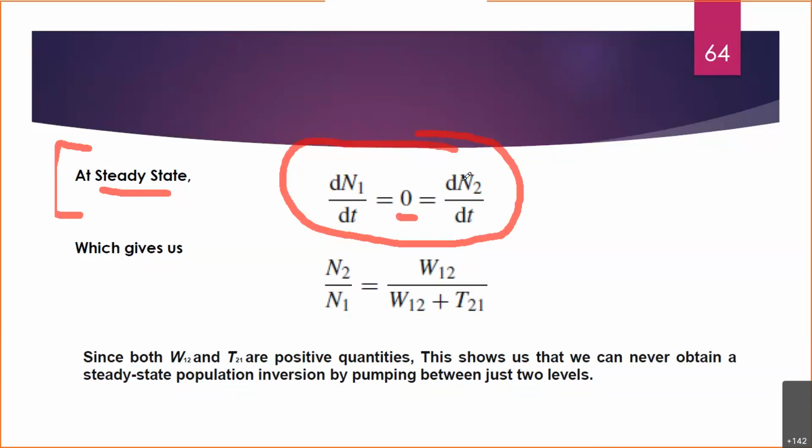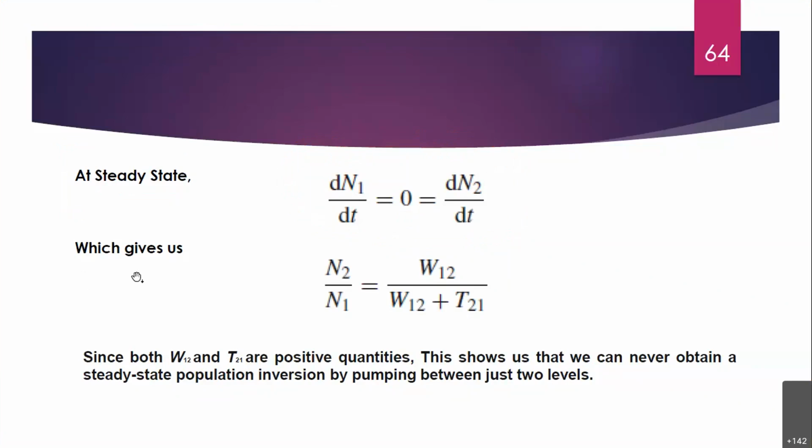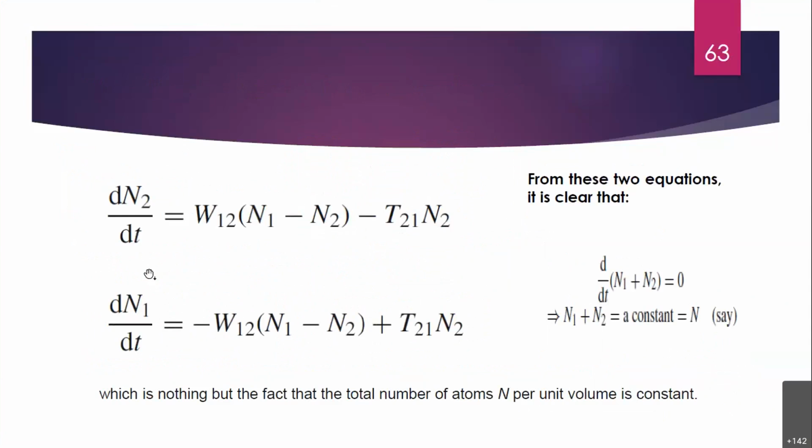Now, if you place this result, dn1 by dt equal to 0 or dn2 by dt equal to 0, in the earlier formula which we have derived for this and for this, you place the value of 0 instead of this term. That means on the left hand side, at steady state, dn2 by dt and dn1 by dt both are 0.